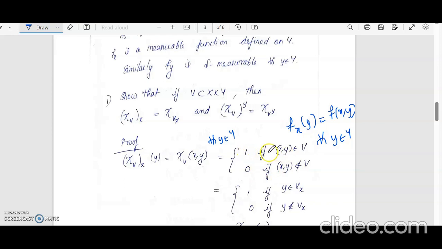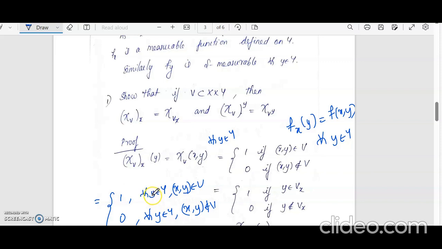So this will be equal to 1 for all y belongs to Y such that xy belongs to V, and again this will be 0 for all y belongs to Y such that xy does not belong to V. This means it is 1 for all y belongs to Y such that xy belongs to V. So this means y belongs to Vx.